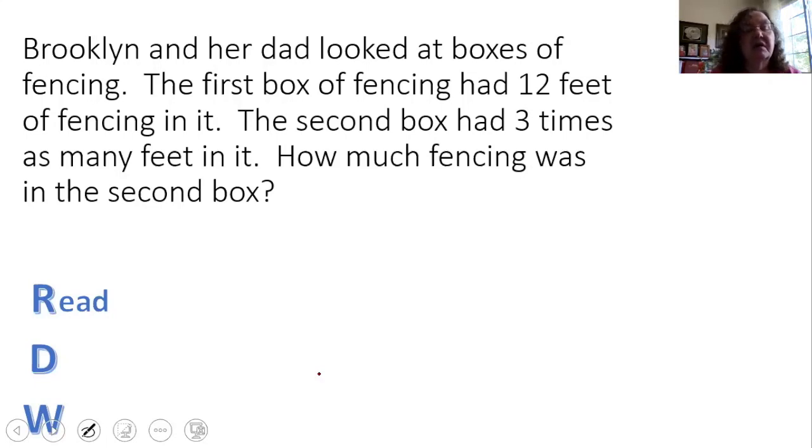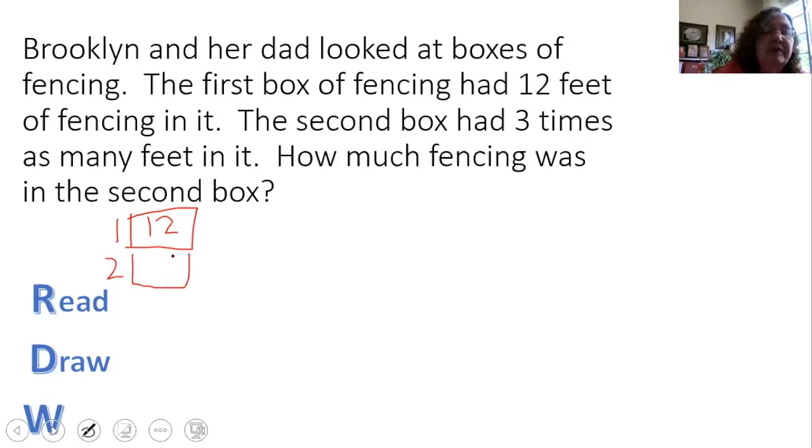Okay, so let's draw a picture. So here's the first box, and it has 12 feet in it. But the second box has 3 times as many. So that means I'm going to have one box of 12, another 12, and another 12, because that's 3 times more than what the first box had.